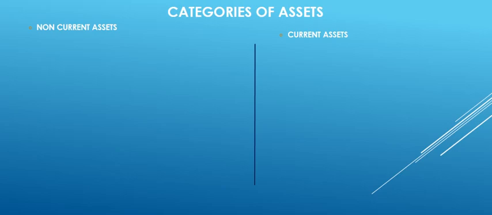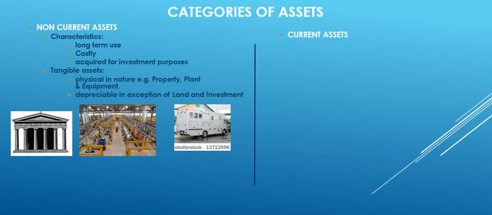The characteristics of non-current assets are that they are used for the long term, they are costly to acquire, and they are acquired for investment purposes. Non-current assets are also tangible, meaning they are physical in nature.